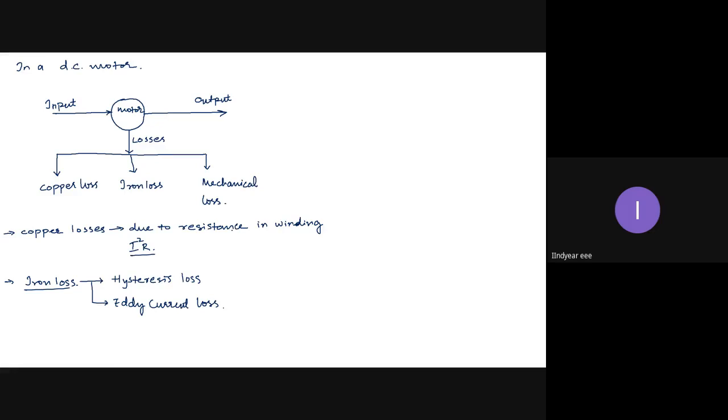I think we did not discuss it in the basic classes, right? We did not discuss losses in detail there. So we'll look into what hysteresis loss is.